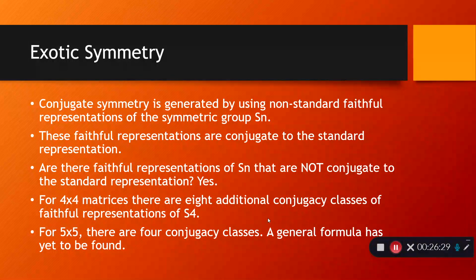So essentially, it's a whole new universe of symmetry. And as I said, for 4x4 matrices, there are 8 additional conjugacy classes in addition to the faithful representation. And for 5x5, there are only 4.